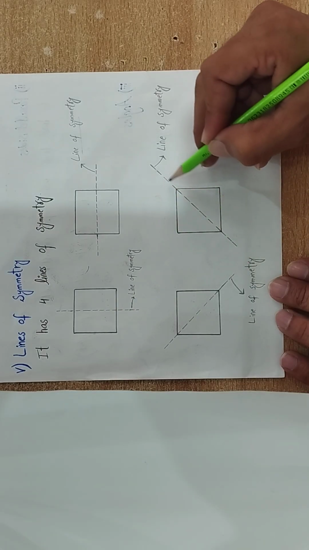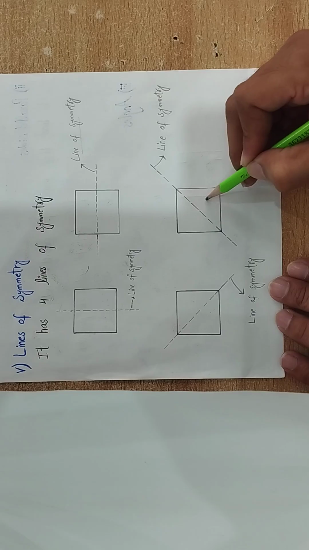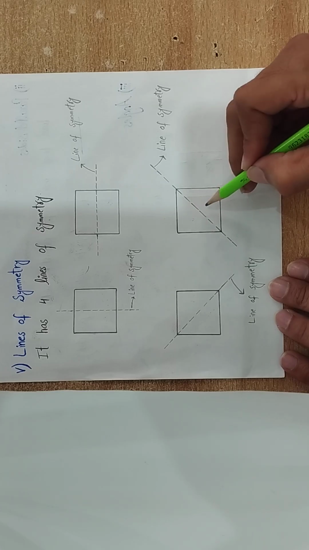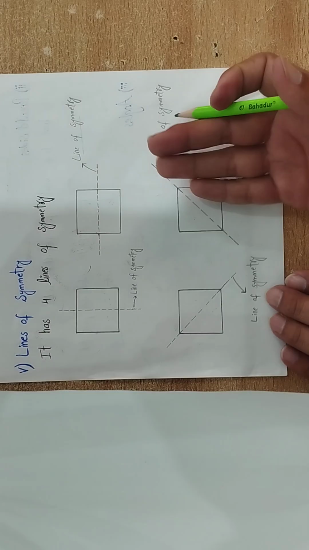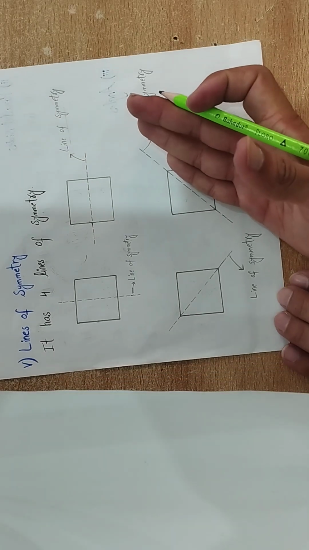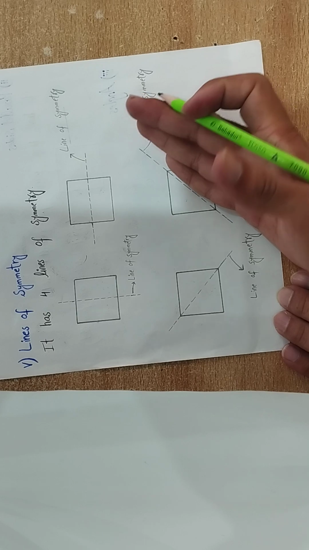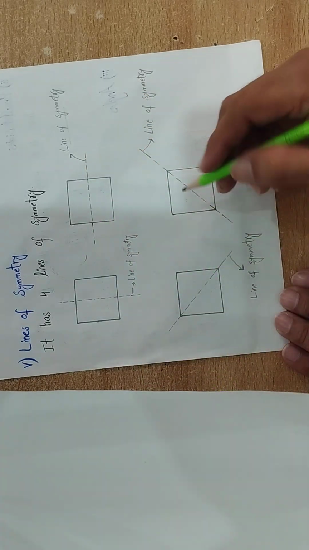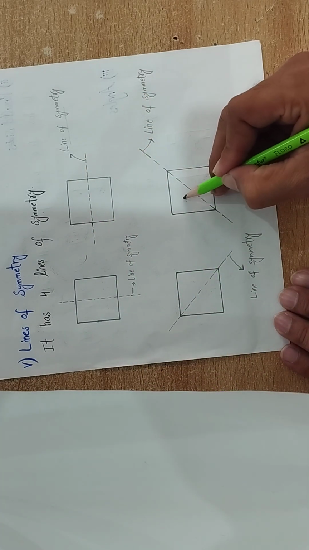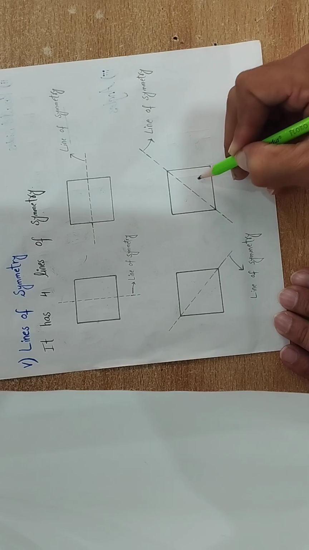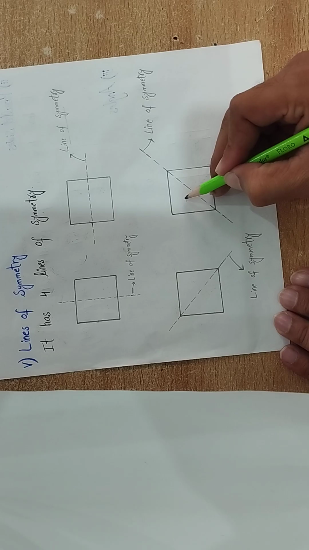You can see that this dotted line is dividing this shape into exactly two equal shapes, looking like mirror images of each other. If you fold this paper along this line and put this part on top of the second part, it is going to fit exactly.